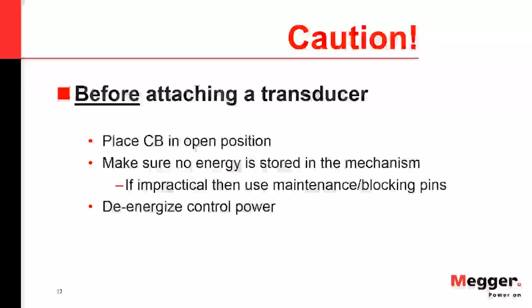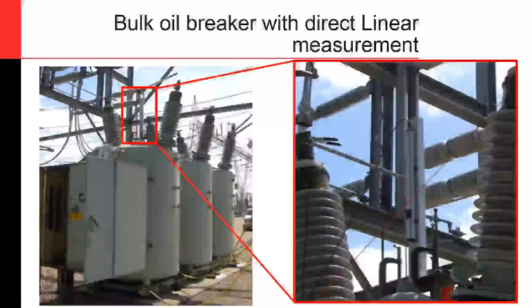If you're not able to discharge the energy stored in the mechanism, use maintenance or blocking pins, and of course de-energize the control panel. Do whatever you can to eliminate the chance of it operating, because when you're hooking up a transducer, your appendages are going to be in compromising spots, and if that thing operates, it could spell disaster for you. So whenever hooking up a transducer, be extra safe and cautious of what's going on around you.